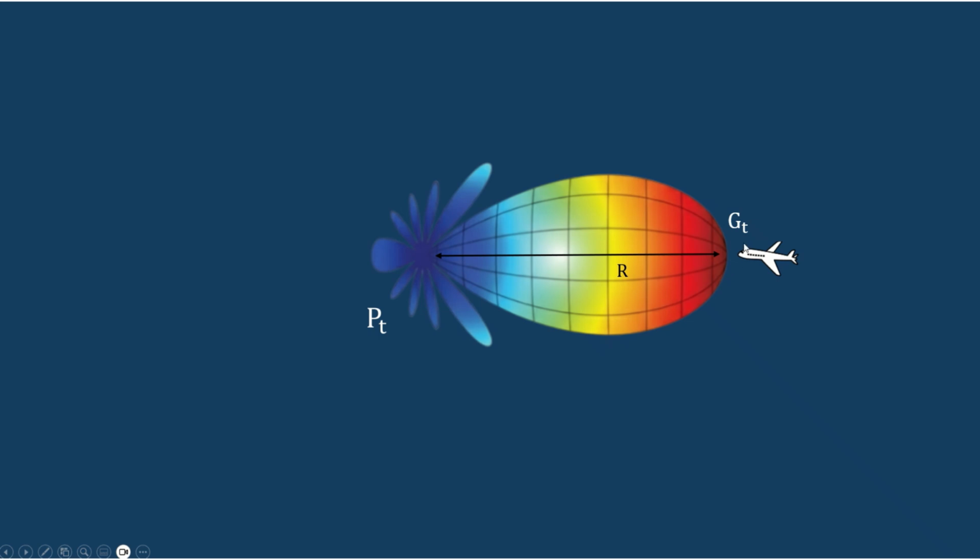Then the power received on the target will be Pt by 4 pi r square into Gt, because the power is concentrated by the gain Gt. So the power hitting the target is Pt into Gt by 4 pi r square, where the isotropic case is corrected by Gt, the gain of the directive antenna. Now we know how much power is hitting this target.